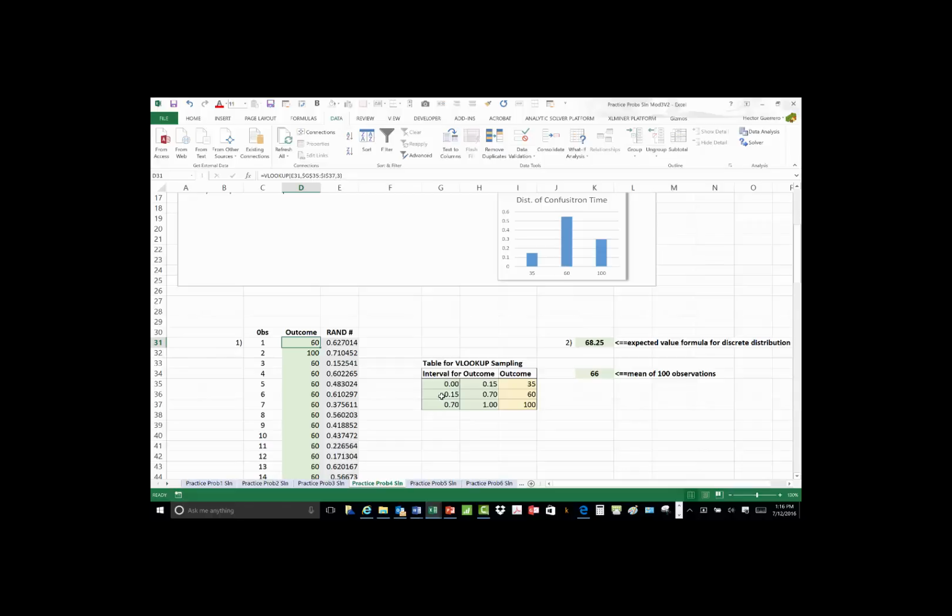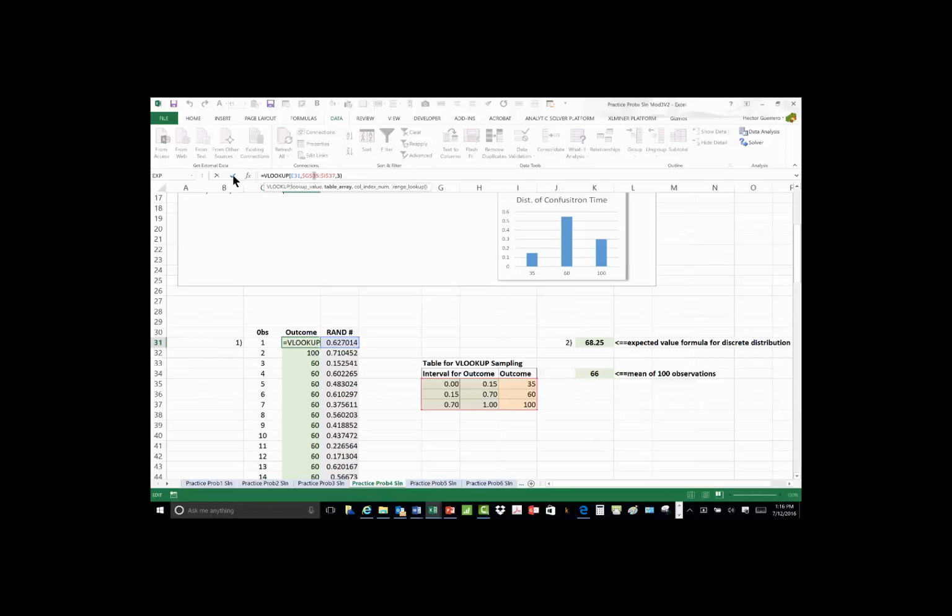It found that 0.627 is between 0.15 and 0.7, and therefore it returns the top value of 60. We simply have to tell it where the table is. In this table, the intermediate column doesn't do anything for us. It's these columns that are important to us. The top value of a table like this always begins with 0, and then we start adding the probabilities of what can happen. 15%, then 55% adds to 15 to give us 0.7, and then I don't have to go any further than that.